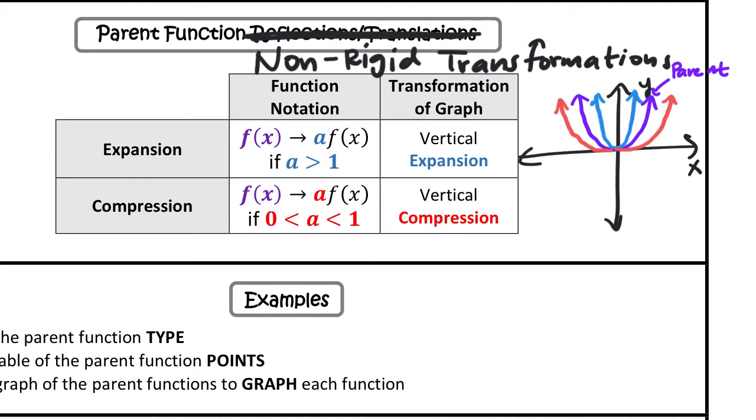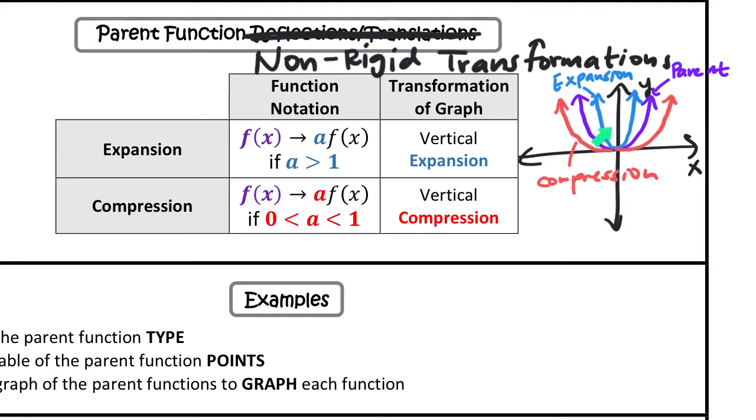We have the expansion, and this red one is the compression. The expansion is, again, squeezing the U shape closer together, and the compression is causing the U shape to get a little bit wider, open a little bit more. But it still keeps the same original function, like this purple parent function.